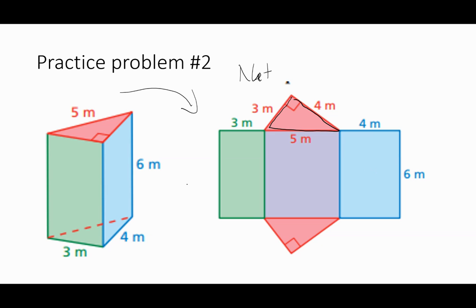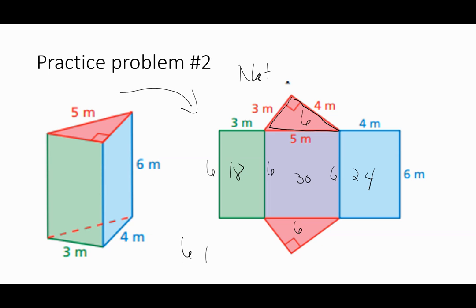So this is 6, means this side length is 6, this side length is 6, this side length is 6. So finding each one of these triangles, 3 times 6 is 18, 5 times 6 is 30, 4 times 6 is 24, and then the area of our top and bottom is 6 and 6.